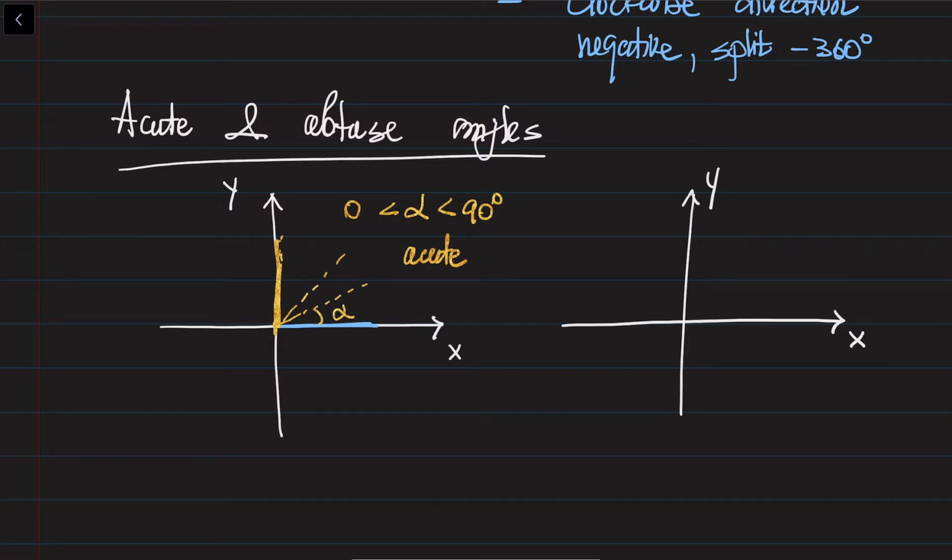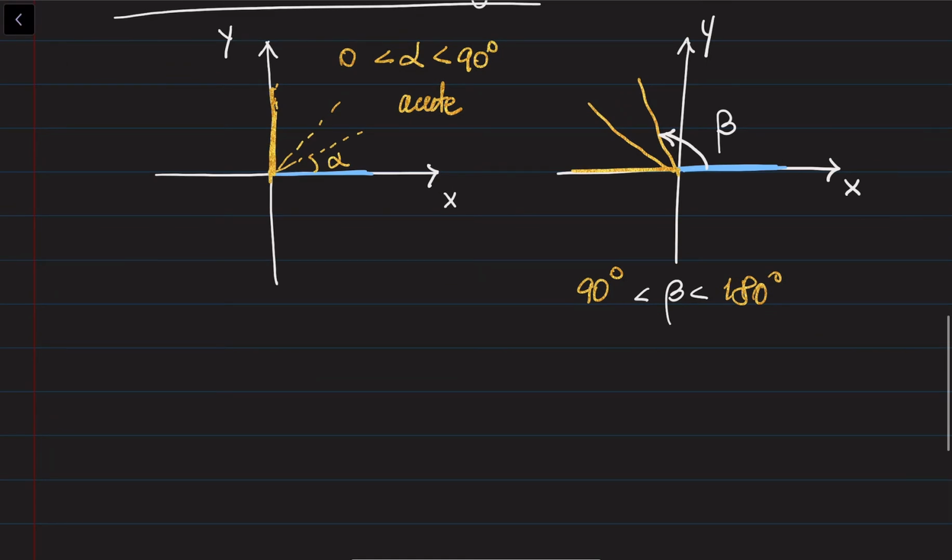Here is my initial line, and whenever the terminal line is here, or somewhere here, between 90 degrees and 180 degrees, then this angle is going to be my beta. Whenever this is between 90 and 180 degrees, we call that angle an obtuse angle.